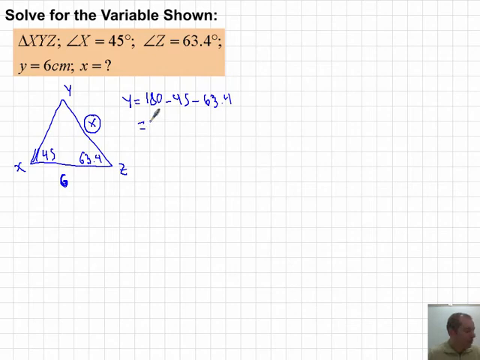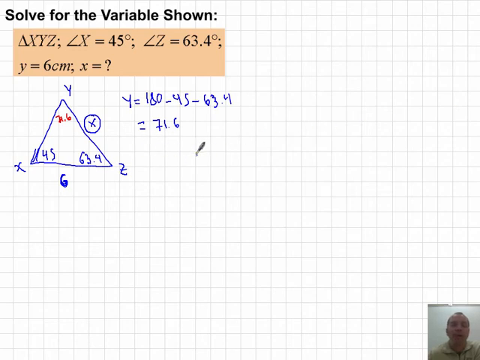So I plug in my calculator, 180 minus 45 minus 63.4, 71.6. So that angle right here is 71.6, which we found out we didn't have. So now I have opposite side and opposite angle.